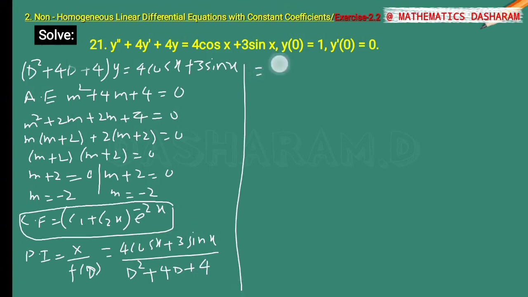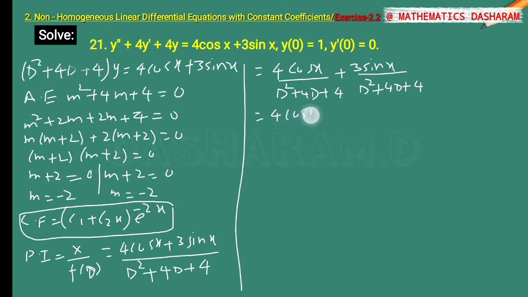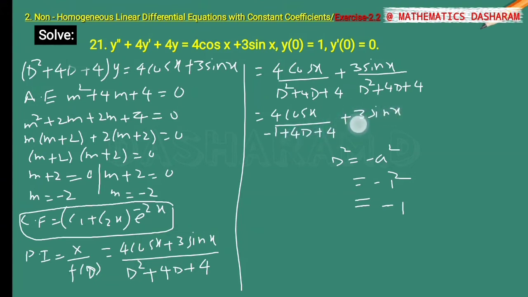So here split into two fractions. So 4 into cos x divided by, here substitute D square equals minus a square. So the a value is the x coefficient, here also the same, x coefficient is 1, so minus 1. So here minus 1 plus 4D plus 4, plus 3 sin x divided by minus 1 plus 4D plus 4.